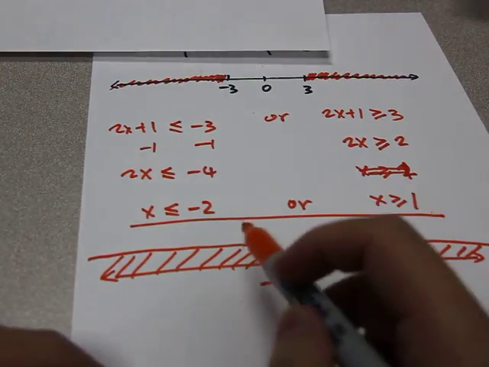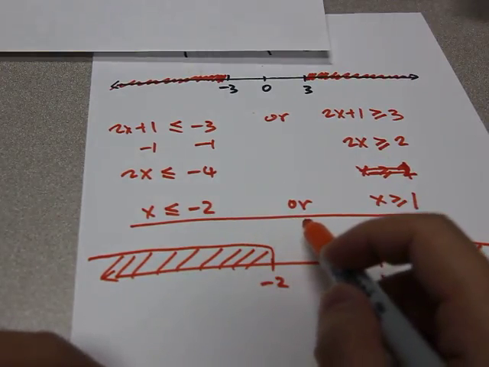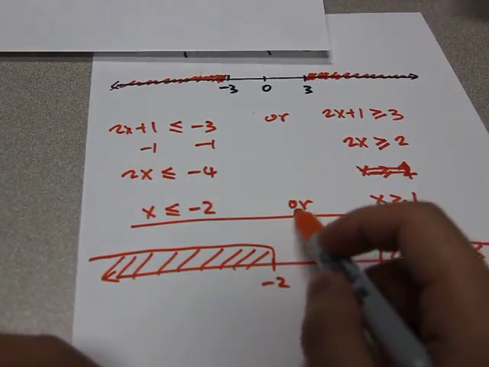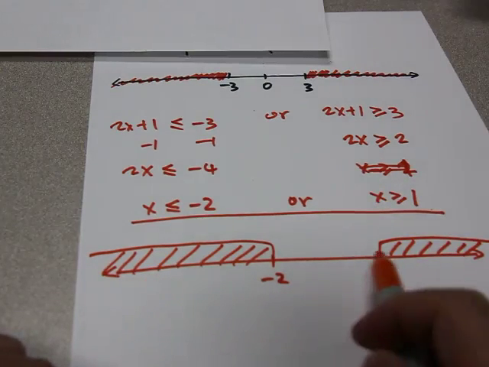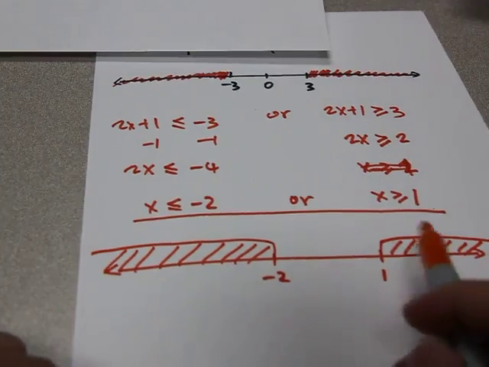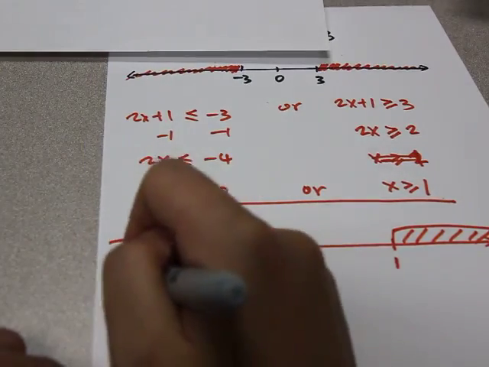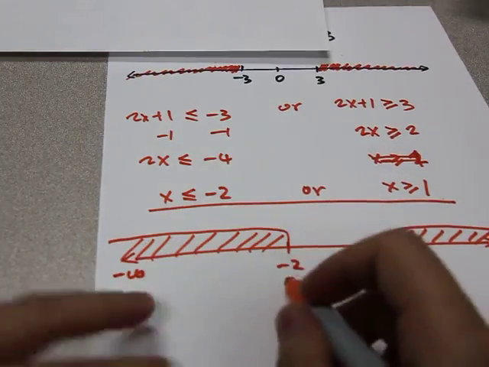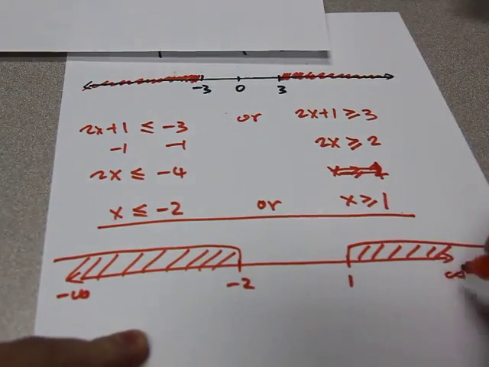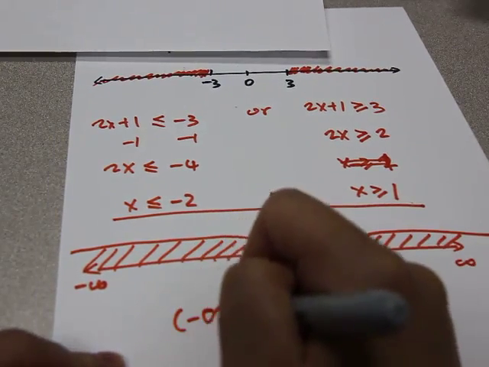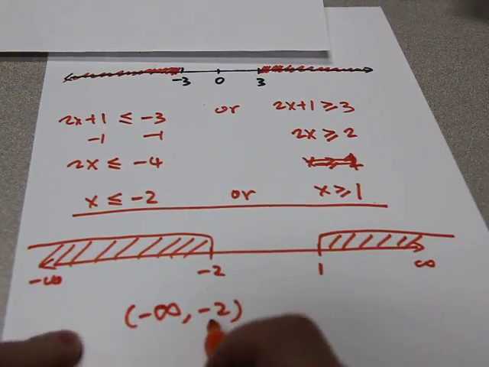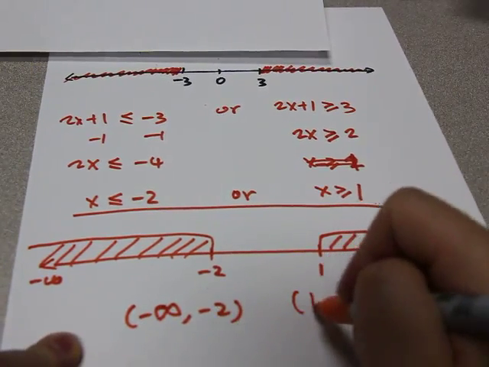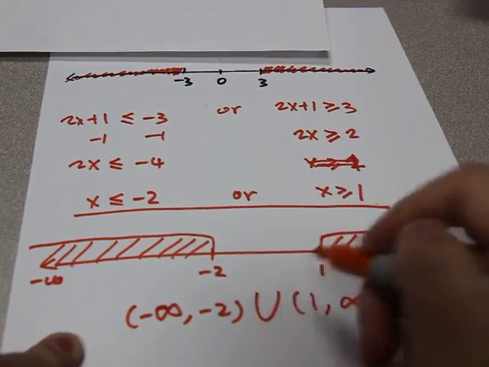When we are solving a compound inequality with OR, the solution should be all the area we have graphed. So the solution is from negative infinity to negative 2 and from 1 to infinity, and we use this notation.